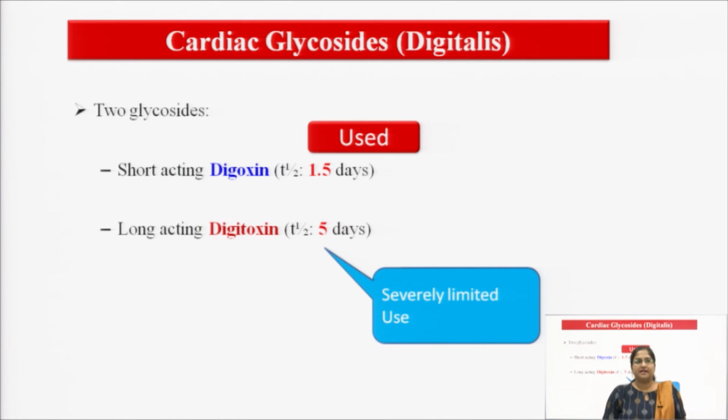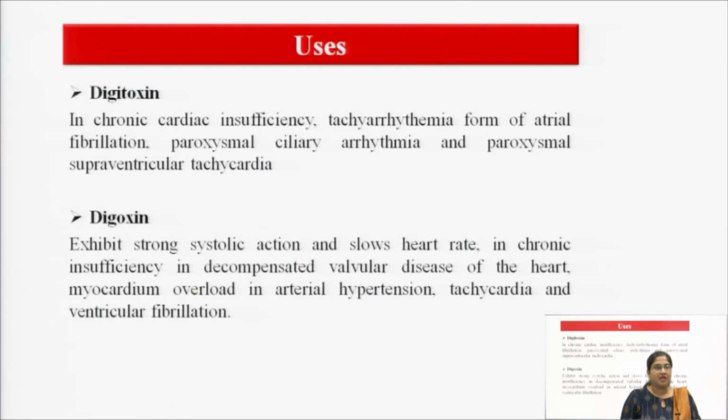These are the cardiac glycosides which we have discussed in our previous slides, that is digoxin and digitoxin. Generally digoxin is used, its half-life is 1.5 days, and the long-acting one is digitoxin. It is of limited use because it has a very long half-life.